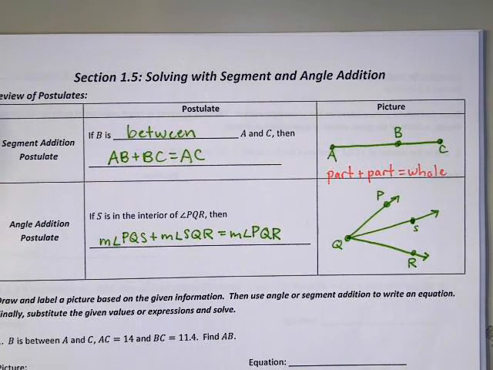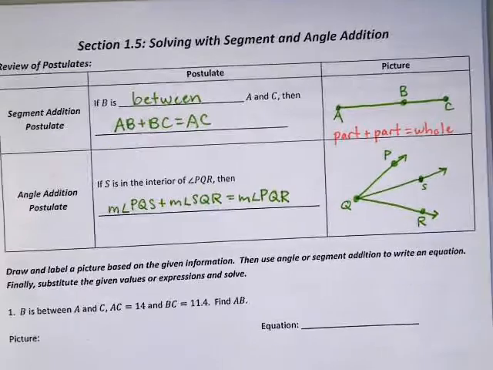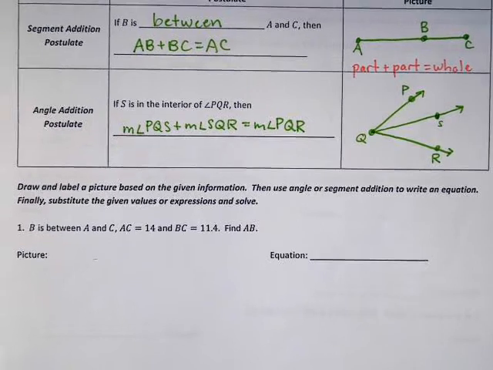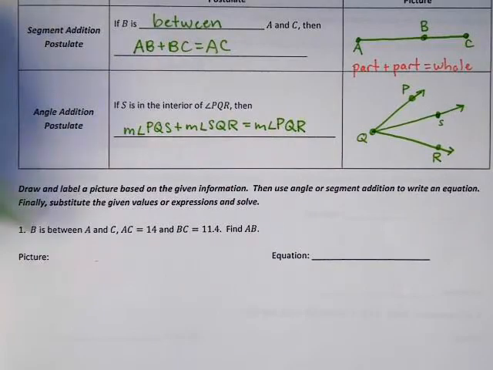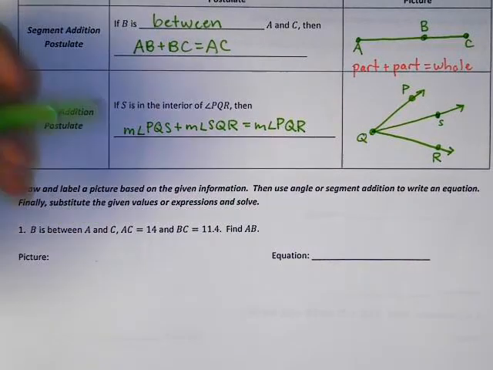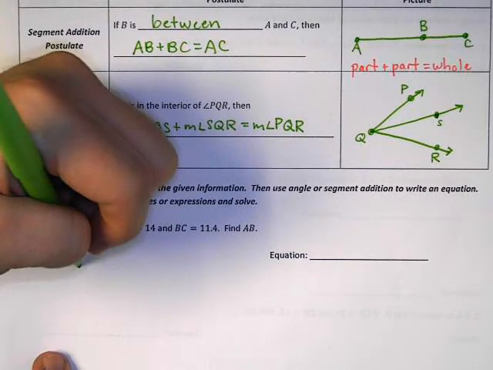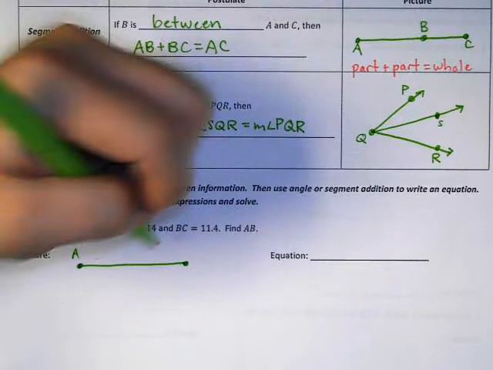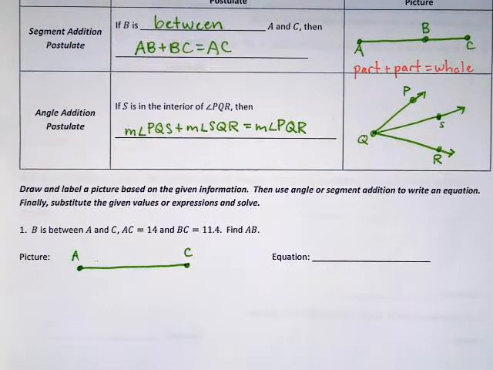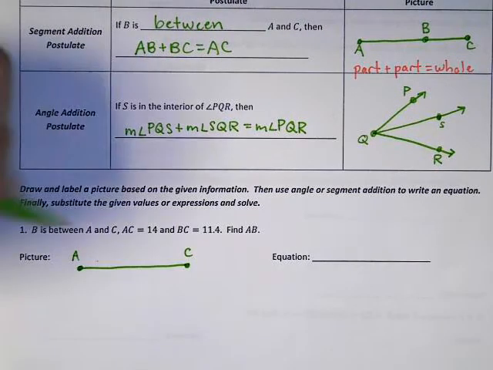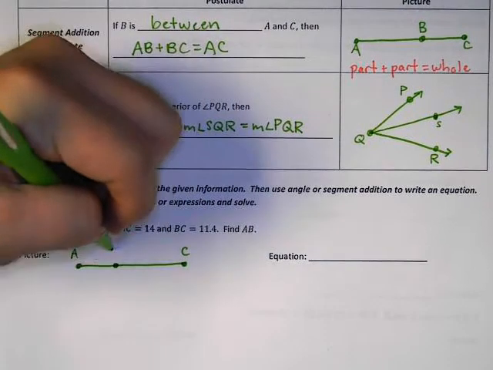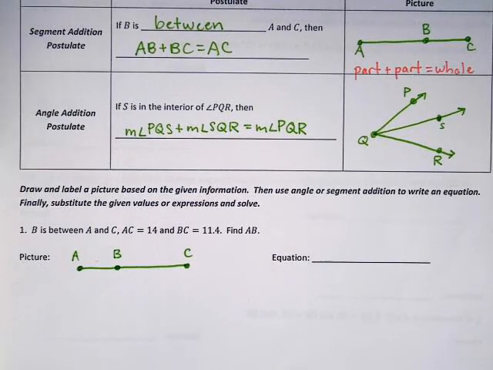We should be able to write these equations already. And so now what we're going to do is put some numbers into it. As we come down to number 1, it gives us, again, B is between A and C. So I'm going to draw a picture. I'm going to draw AC, and put B between, maybe right here. Doesn't have to be perfect.